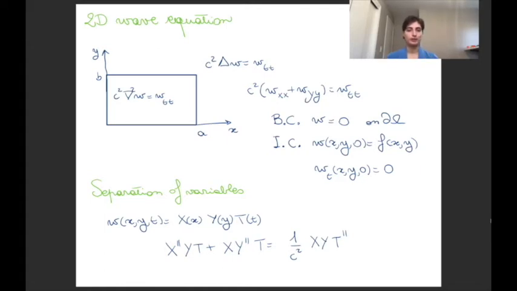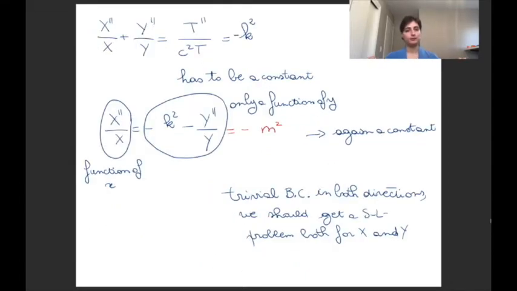So if we apply the various derivatives, what we find is X''YT + XY''T is equal to 1 over c squared XYT''. And we try to separate things. We divide everything by X, Y, and T. And we retrieve a block that is X''/X + Y''/Y equal to T''/(c squared T).